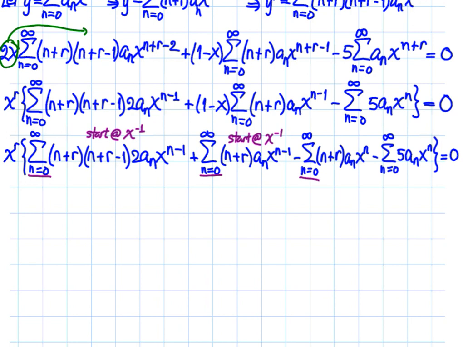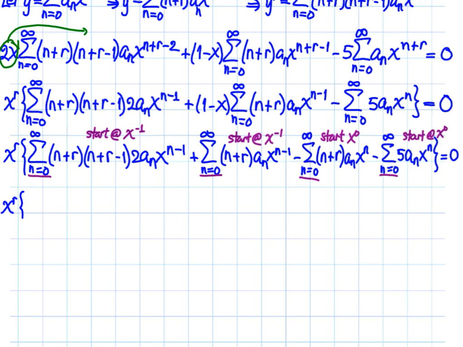This one obviously starts at x to the 0 power, which is 1, and this one starts at x to the 0 power. So because of that, we have to split two terms out of the summation. This term that starts at x to negative 1, we have to split.